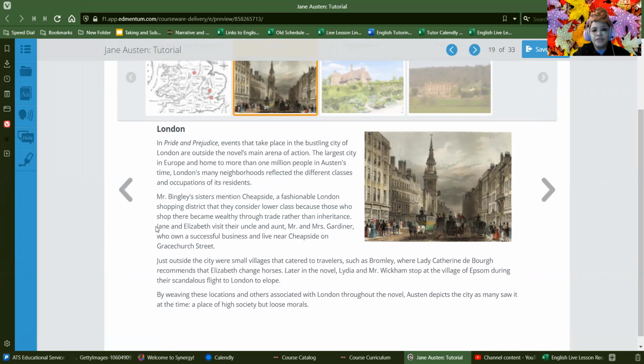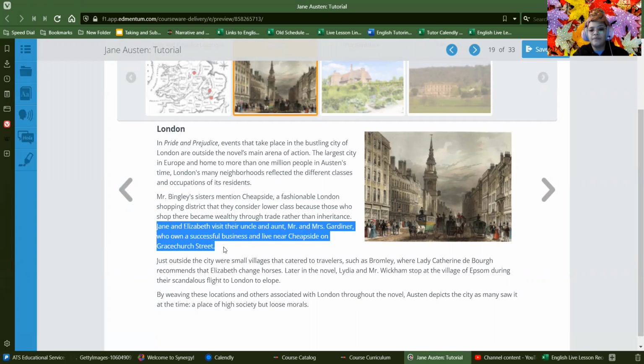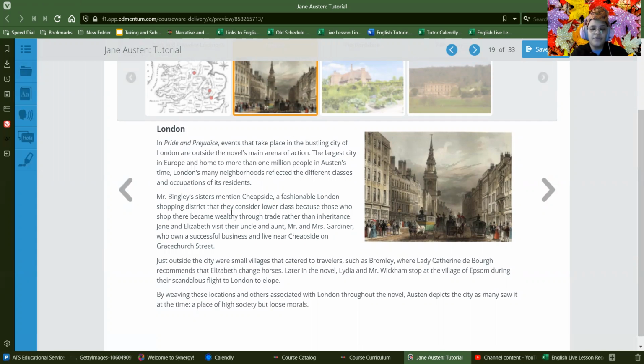Jane and Elizabeth visit their uncle and aunt, Mr. and Mrs. Gardiner, who own a successful business and live near Cheapside on Gracechurch Street. The point of referencing all of this is that Jane Austen tried to make her setting seem more realistic and believable by referencing real things in London in her story.